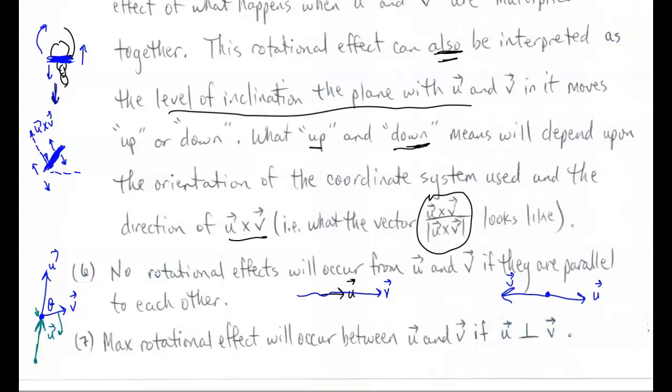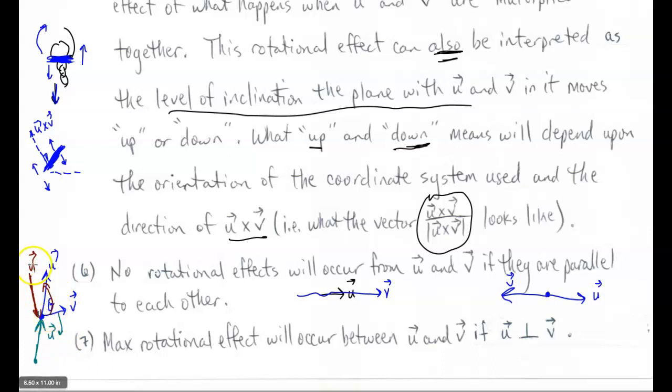Just for differences here, let's say my vector u was like this on vector v. If my vector u was acting like this and hitting vector v here, then the rotation would go this way.